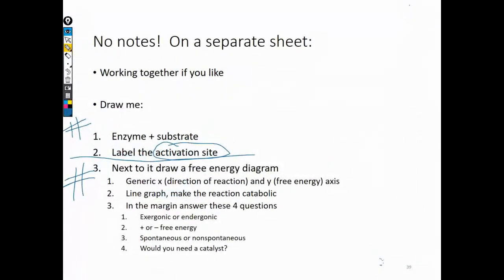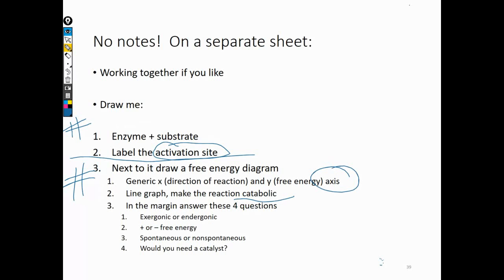I want you to draw me a free energy diagram. And that's the one where we track the direction of the energy as it goes through the progress of the reaction. Okay, so make sure that you label your axes. And I want this particular energy diagram to be catabolic.